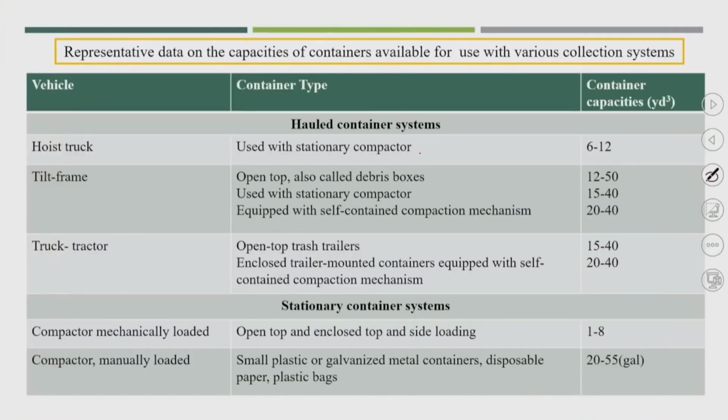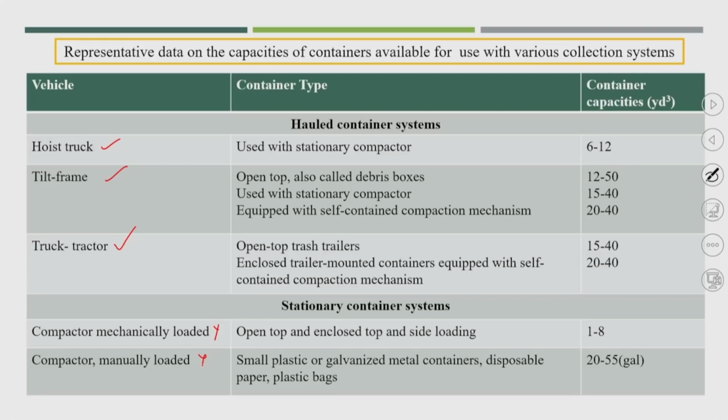Now, here is one more comparison of containers available for use with various collection systems. Here I have given the different vehicles. These 3 are for the haul container system, and these 2 are for the stationary container system.